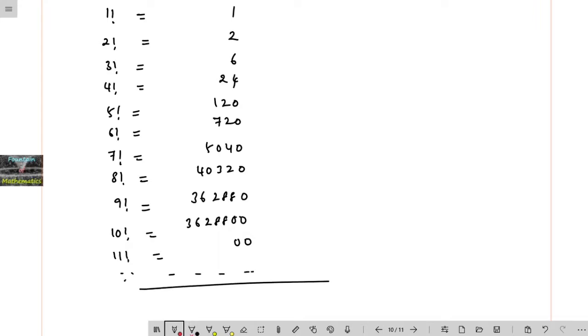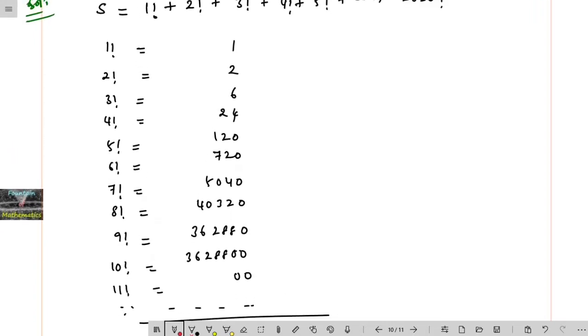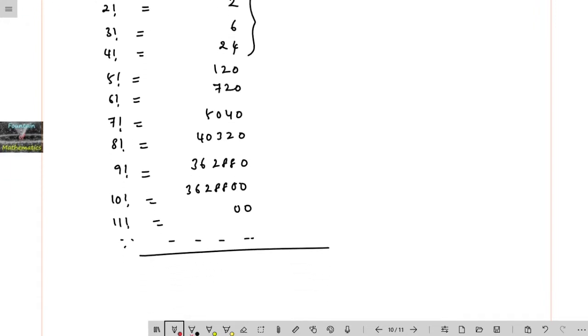So from here we can conclude that the unit digit will be, as in the problem we discussed before, the sum of these numbers up to 4 factorial. That is 1 plus 2, 3, plus 6, 9, 9 plus 4, 13. So 3 will be here and 1 carry. And again for the tens digits, if I calculate here: 1 plus 8, 9.